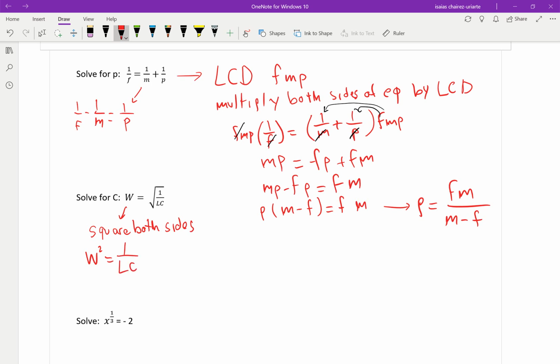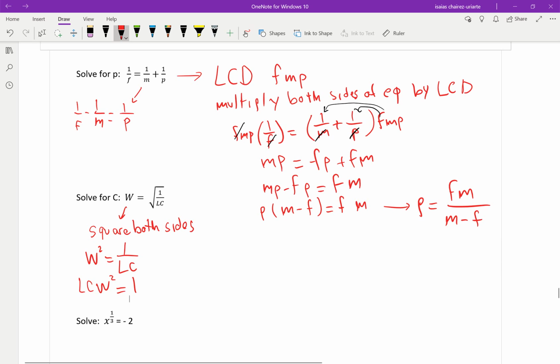Okay, so that's what I have if I square both sides. And then I'm going to multiply both sides by LC. So that's going to look like this: LCW squared equals 1. I multiplied on the right hand side by LC, I multiplied on the left hand side by LC, and this is what I have.